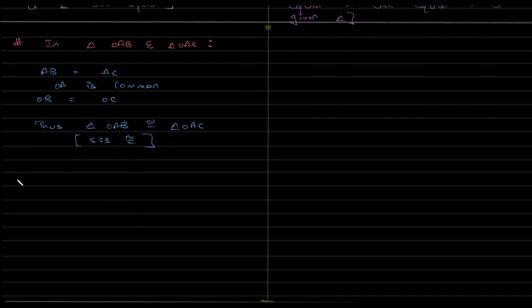So this implies angle OAB is equal to angle OAC by CPCT, which in turn tells that OA bisects angle A. So all the things are proved.